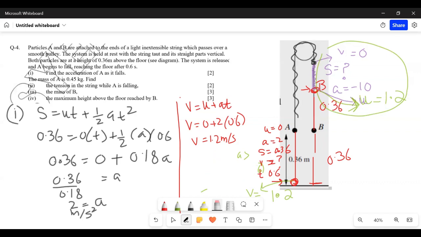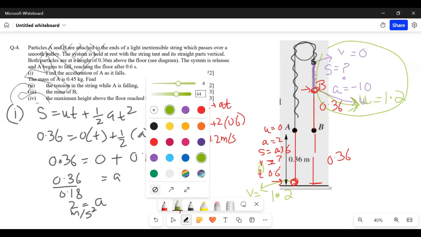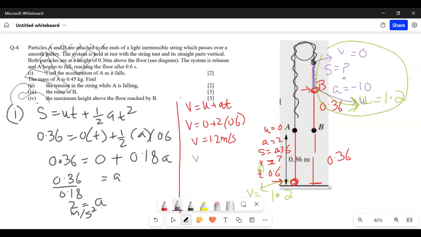v तो पता है, s पता है चाहिए इस पर्पल रीजन। तो that is going to be v square equals u square plus 2as. So 0 square is equals to 1.2 square plus 2 into a is -10 and s is s. Find s from here. क्या आता है?